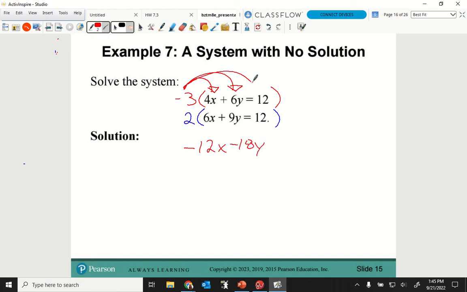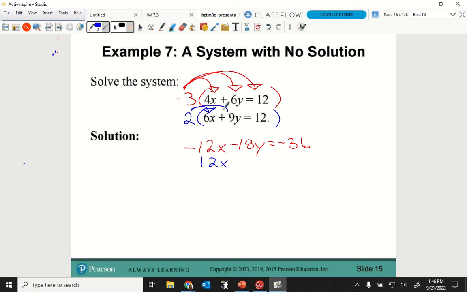Bring down my equal sign, negative 3 times positive 12 is negative 36. All right, we're doing it again. Now on the bottom, I'm distributing that one by 2. That one's going to be a positive 2, so let's distribute. 2 times positive 6x is positive 12x.